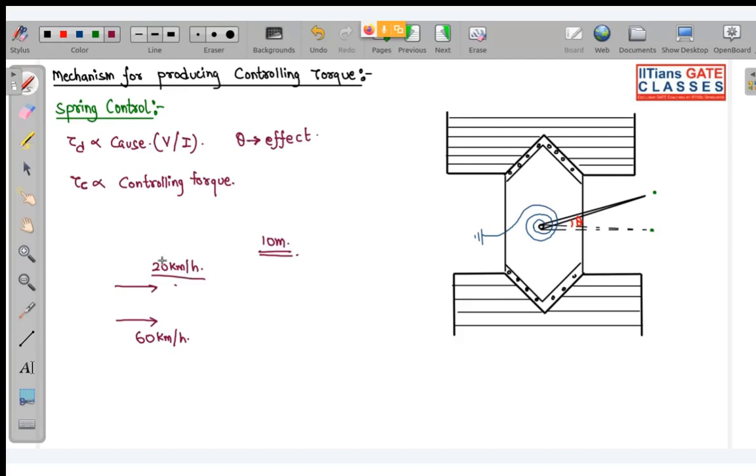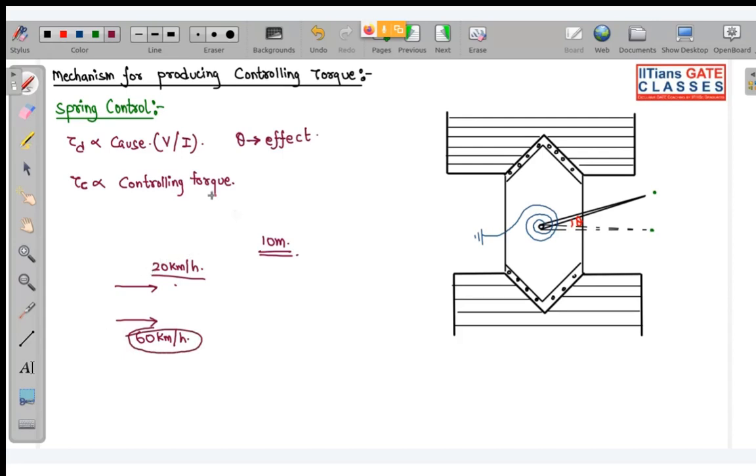Because your speed is less, so your momentum is less. So the force with which you press the brake handle or the brake pedal is very little. But when you are traveling at 60 kilometers per hour, you need to press the brake pedal harder compared to 20 kilometers per hour.